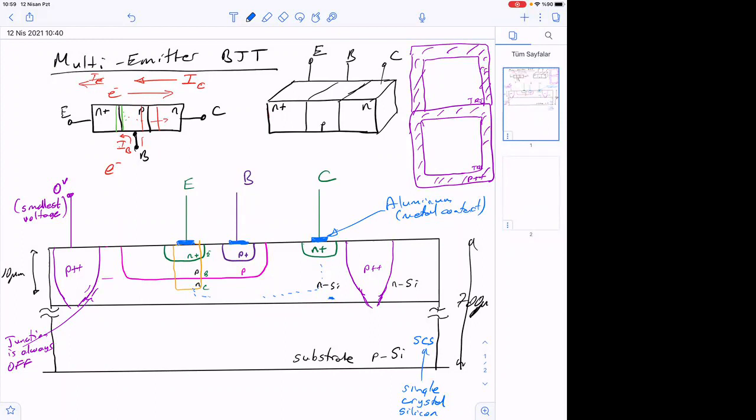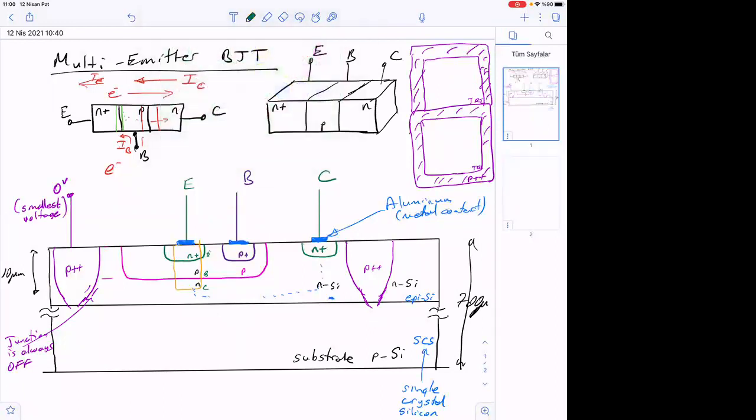But this one is epitaxially grown, epi silicon. Therefore, on top of P single crystal silicon, we can have N type single crystal silicon.